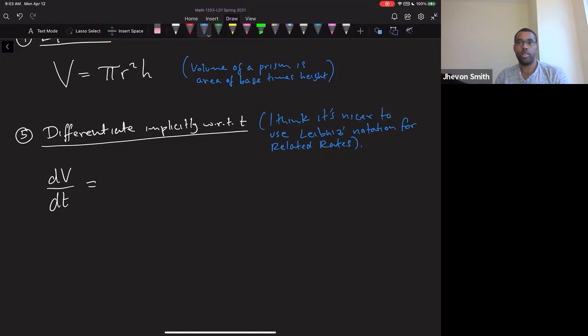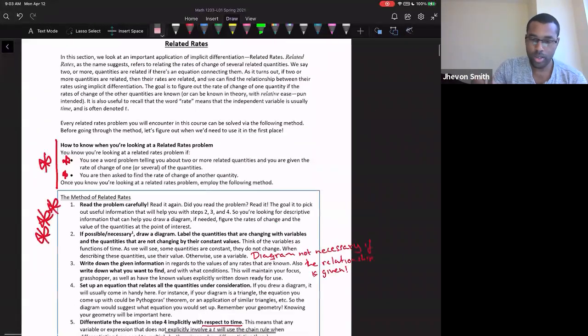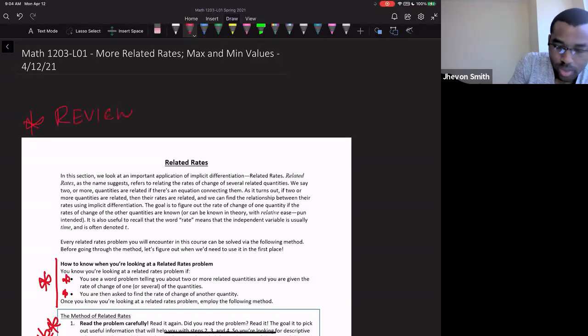No? We all asleep? Okay. All right. So I guess I need to say this now. Review implicit differentiation. It's super important. This is, in fact, an application of implicit differentiation.